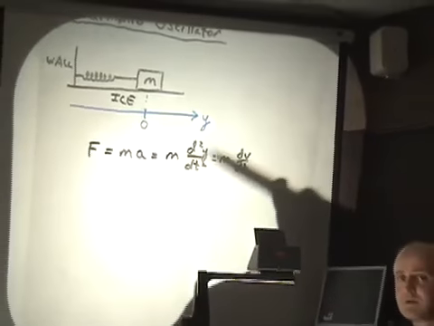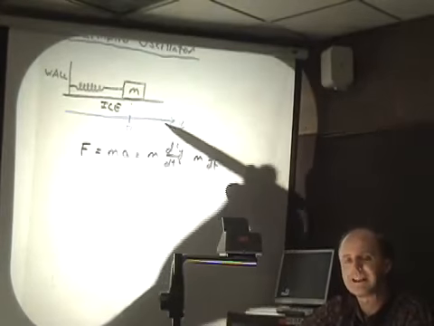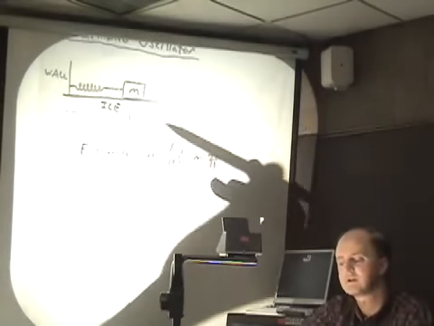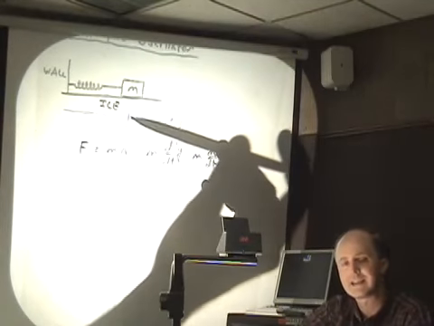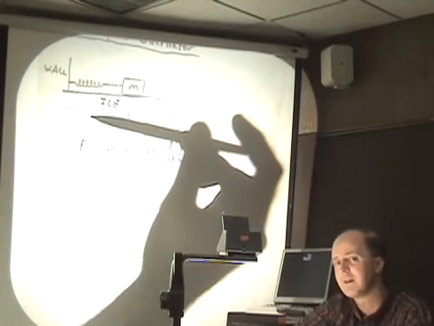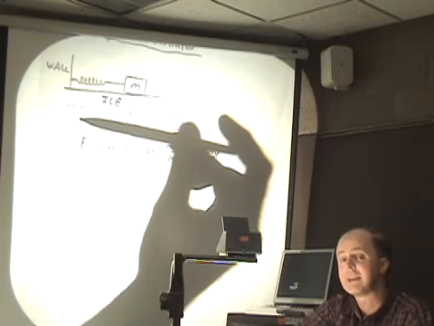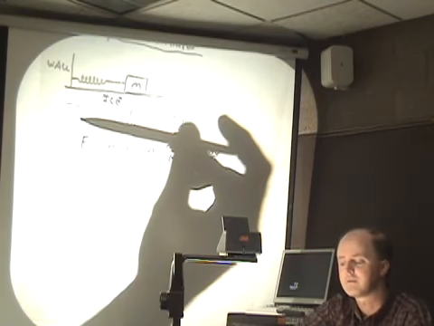Speed is the absolute value of velocity. Velocity is positive when it moves to the right and negative when it moves to the left. So if it's moving to the left, it's got a negative velocity. If it's also slowing down, the velocity is actually increasing, and the acceleration would be positive.